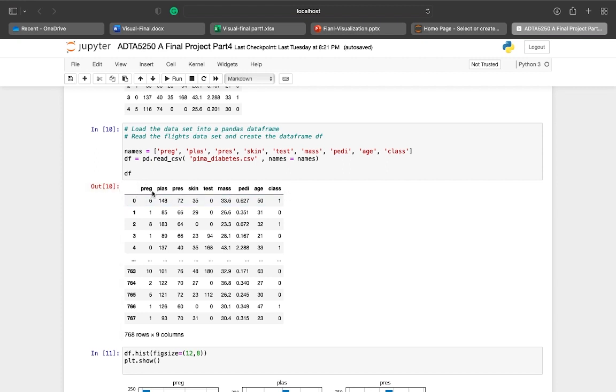Preg is the number of times pregnant, plas is the plasma glucose concentration in 2 hours, pres is diastolic blood pressure, skin is triceps skin fold thickness, test is 2-hour serum insulin, mass is body mass index measured as weight in kilograms, pedi is diabetes pedigree function, age is in years, and class 0 or 1 is the negative or positive result.